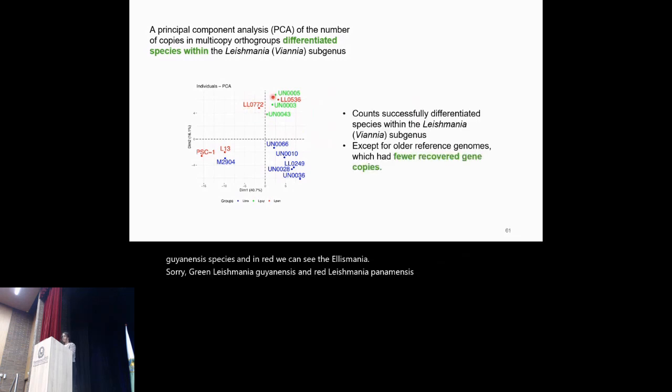So the clusters successfully differentiated species within the Leishmania Viannia subgenus, except for the older reference genomes, which had fewer recovered gene copies. And that's why we see here a Leishmania panamensis isolate clustering with the Leishmania guyanensis.